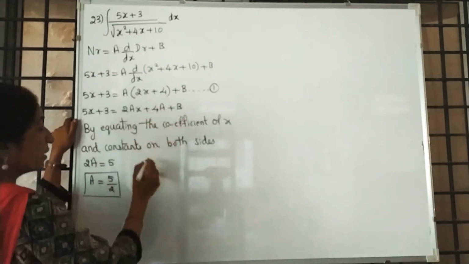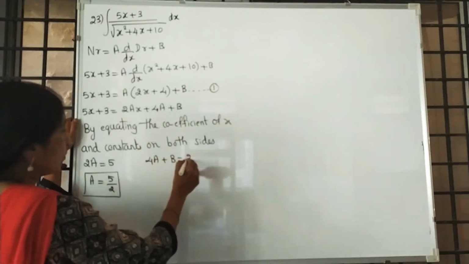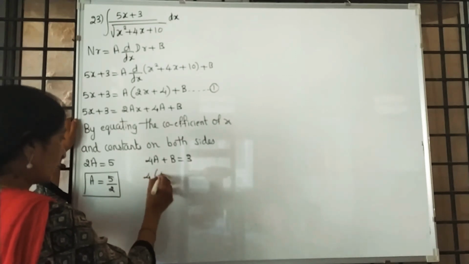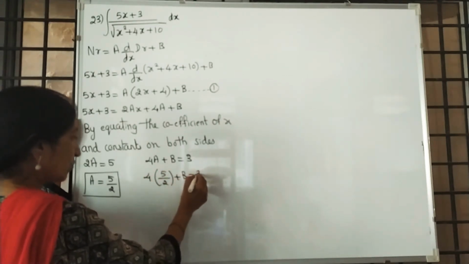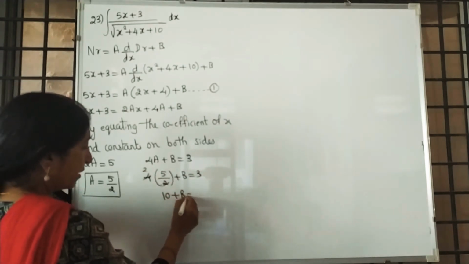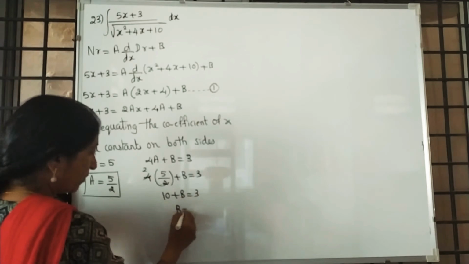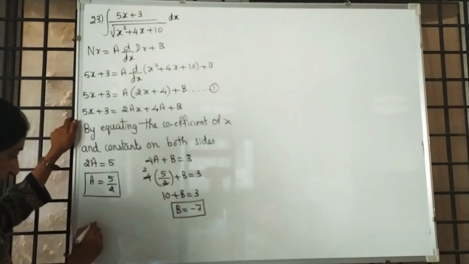Then the term without x, 4a plus b is equal to 3. Write down that a value. 10 plus b is equal to 3. Then what is b? b is minus 7.